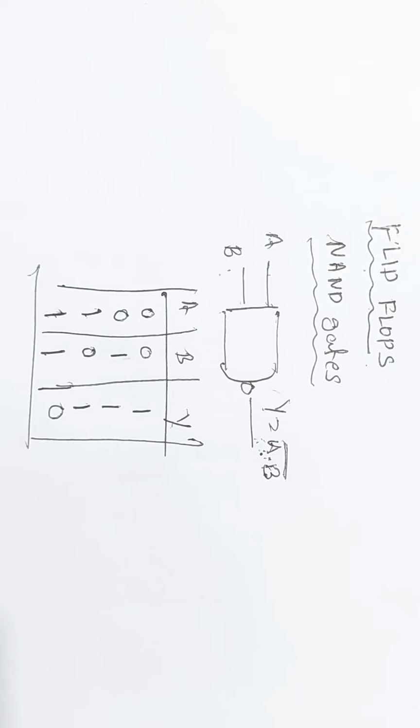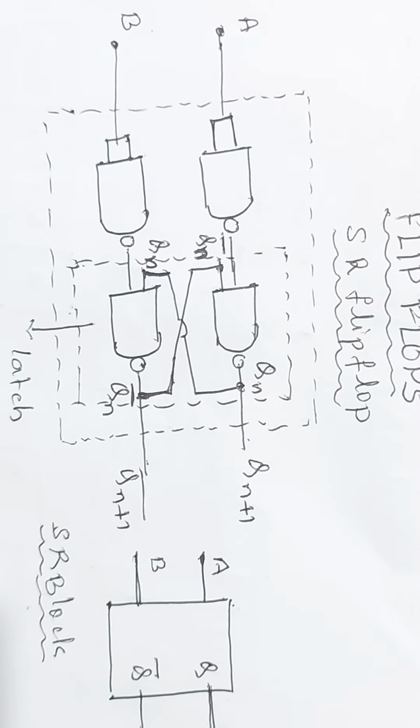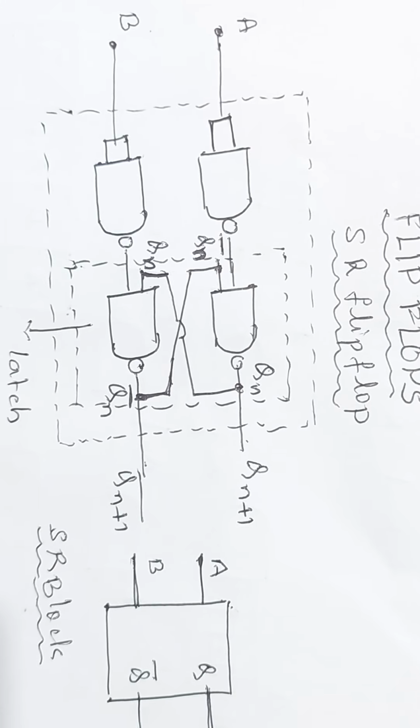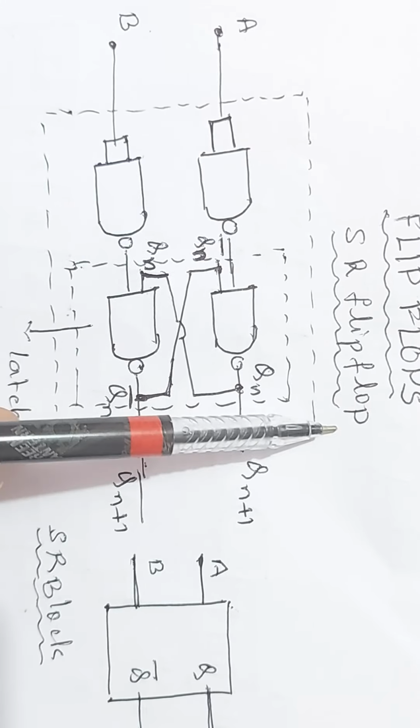If the output of the flip-flop is 0, we say that the information is destored. So, first we shall discuss about the SR flip-flop.